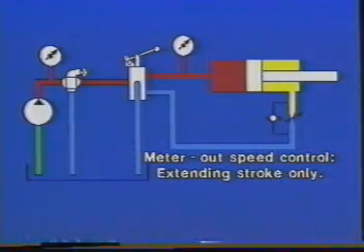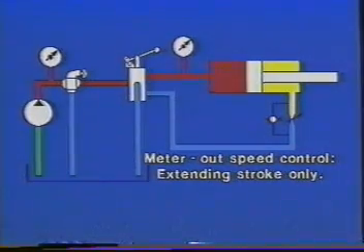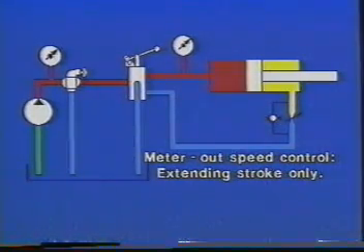But we have a 10 gallon per minute pump. And here, too, the other 4 gallons would return to tank over the relief valve, and our pump would be operating at the relief valve setting, regardless of how easy or difficult it was to move the load.